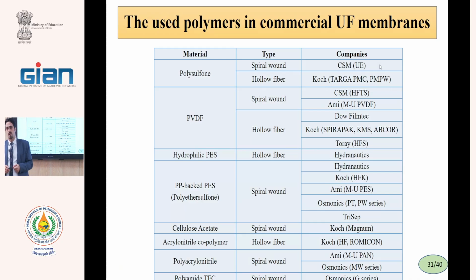As you see in commercial UF, mostly polysulfone, polyethersulfone, PVDF, in some cases PVC, in some cases polypropylene. But PVDF and polysulfone are usual because of high durability and good chemical and mechanical resistance.